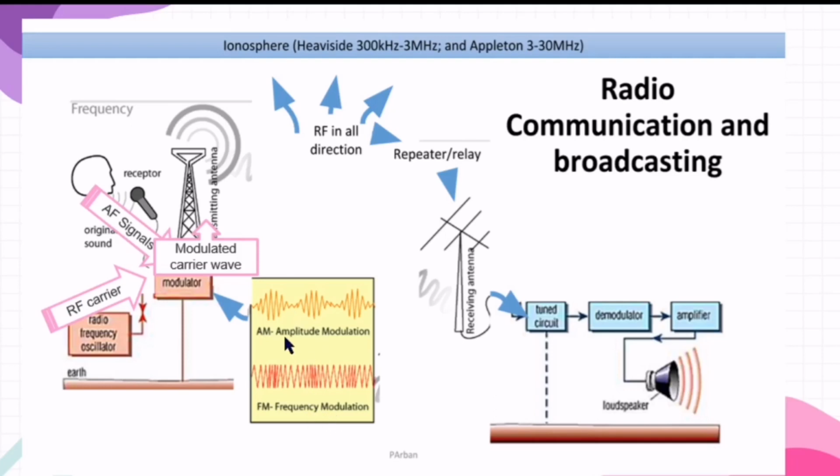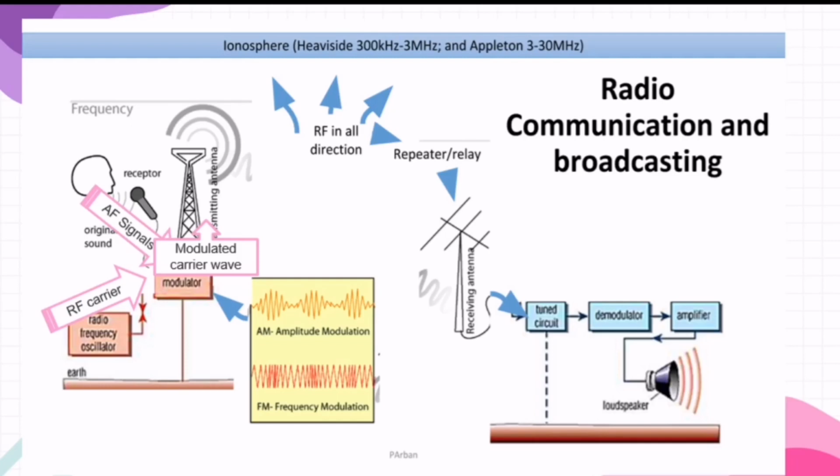When we say amplitude modulation, this process involves the matching of the amplitude of the radio waves to the audio frequency signal, meaning the amplitude of the radio waves or the RF carrier changes to match that of the audio frequency signal.